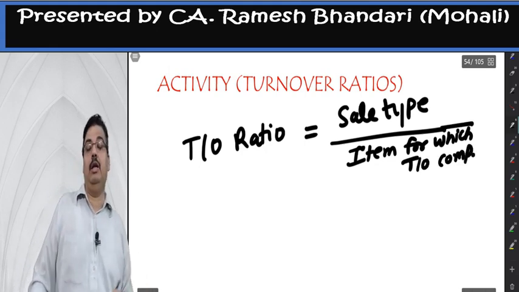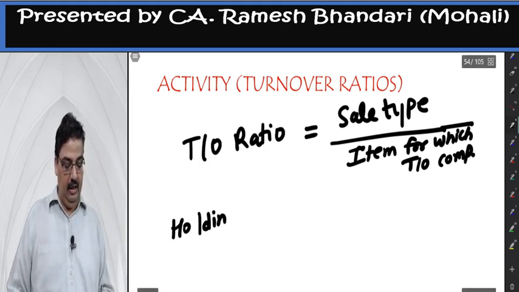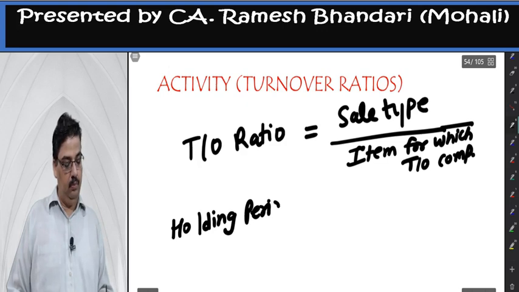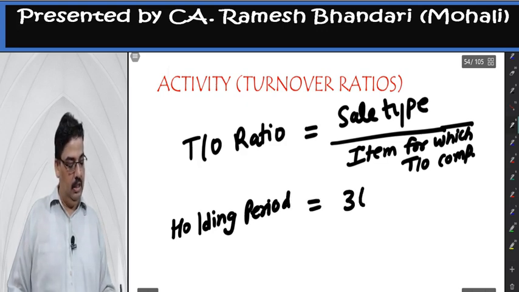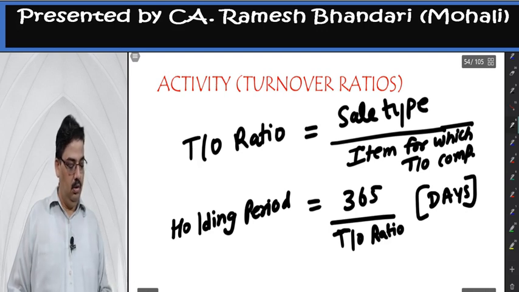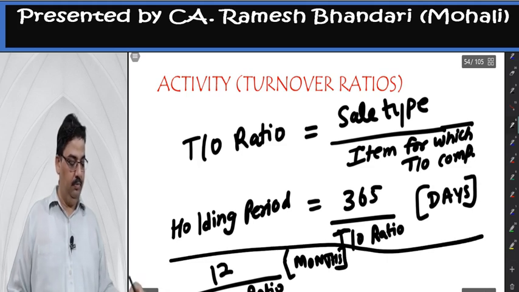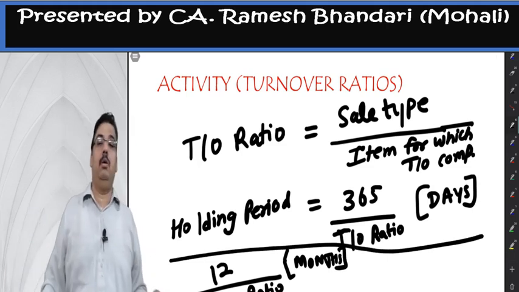Holding period is nothing but 365 divided by turnover ratio, if you are computing in days, 12 divided by turnover ratio if you are computing in months, and so on. The general formula you can remember.